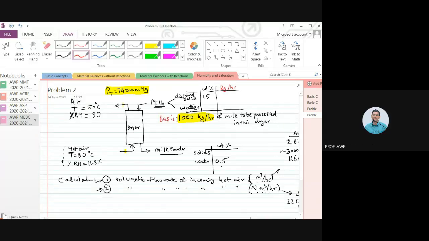Yes, 1000 kg per hour of the milk. Now this is going to contain 15% dissolved solids, so that is 15% of 1000. That is 150. Correct. And then water is going to be 1000 minus 150, or 85% of 1000. This is going to be 850 kg. Very nice.